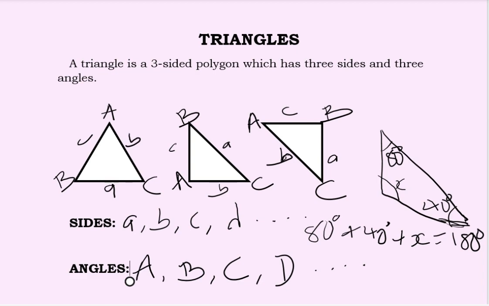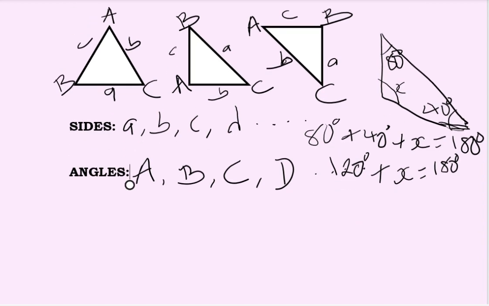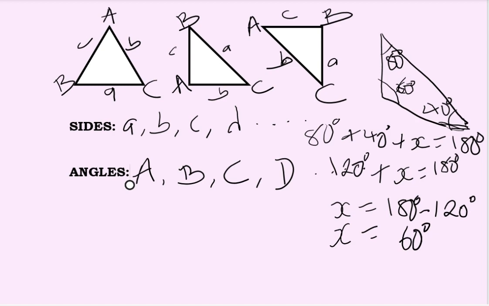So 80 + 40 + x = 180. 80 degrees plus 40 degrees is 120 degrees, plus x equals 180 degrees. Now, x = 180 degrees minus 120 degrees. So x equals 60 degrees.